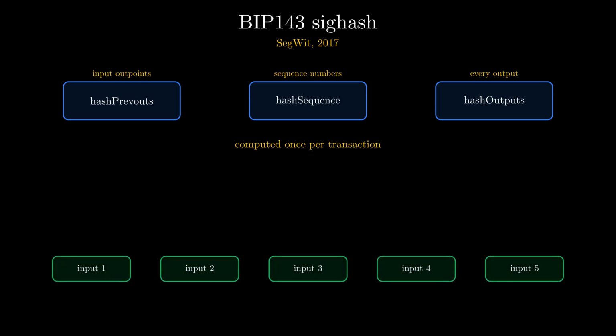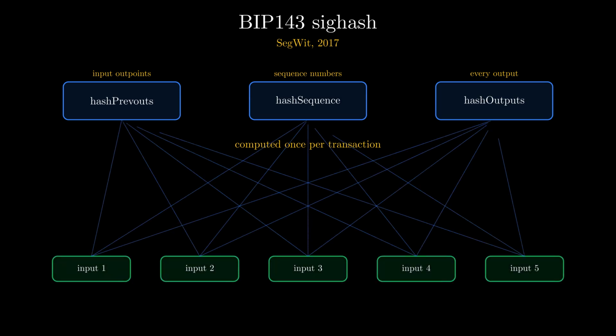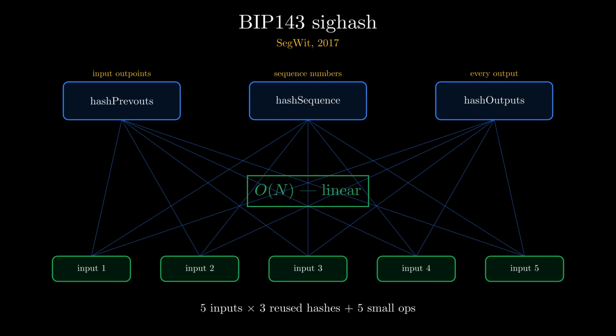Each input Sighash now references those three pre-computed values, plus its own small per-input data. Total work scales linearly with the number of inputs, order n. A transaction with 1,000 inputs validates 1,000 times faster than legacy under the same load. The DoS vector closes.